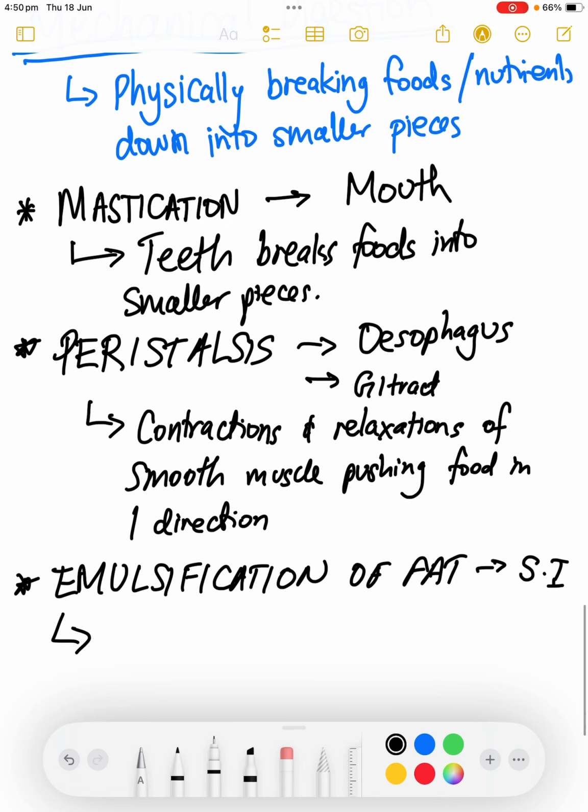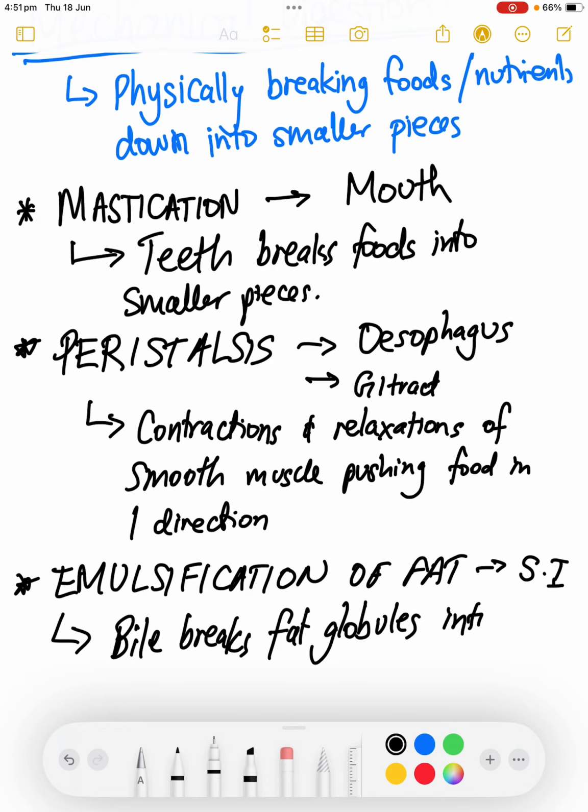What happens there is bile breaks larger fat globules into smaller droplets.